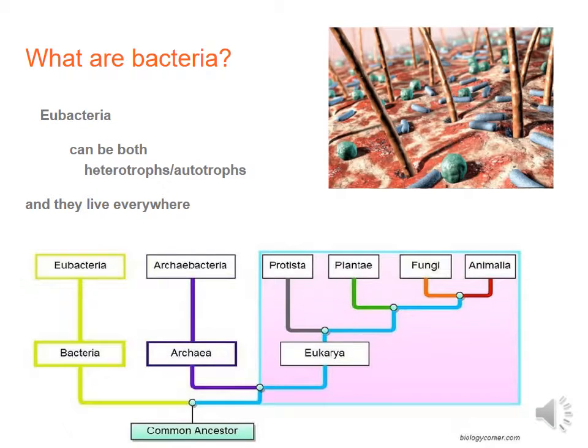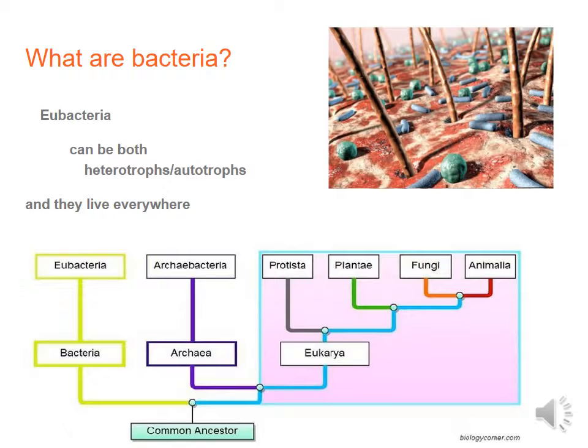So what are bacteria? Well, eubacteria can be both heterotrophs or autotrophs, and they live everywhere. Do you know what a heterotroph is? I know we're just kind of starting into the class. So hopefully you said they're ones that feed on others, whether it's like grasshoppers eating grass, that type of thing, or a lion eating a deer.